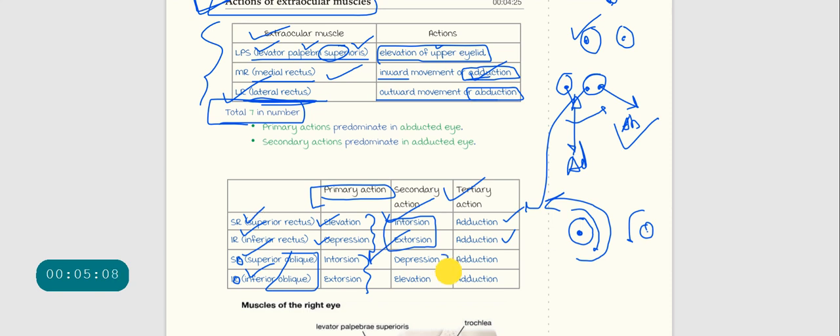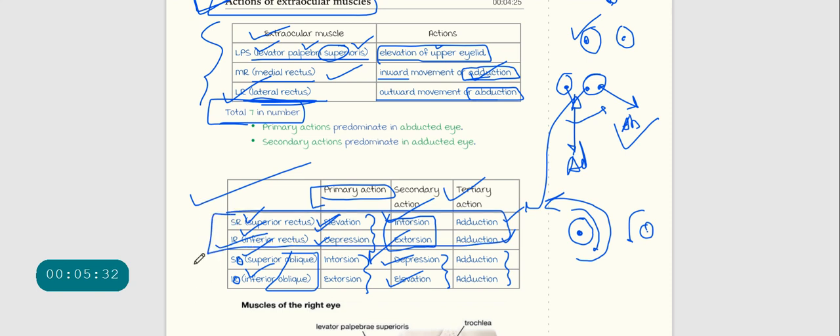So if here is the depression, then here would be the elevation, and if here is the elevation, then here would be the depression. So opposite totally. And the tertiary action is the same, adduction. So very simple to learn this table. Just remember the rectus part, automatically you can go for the oblique part, or you can remember it as the opposite of the rectus is the oblique.